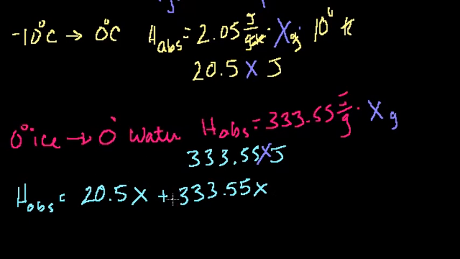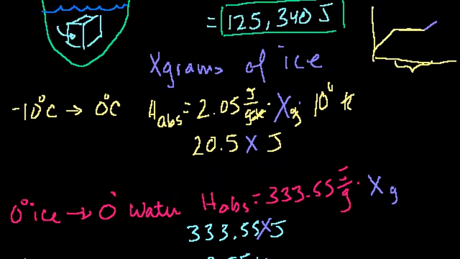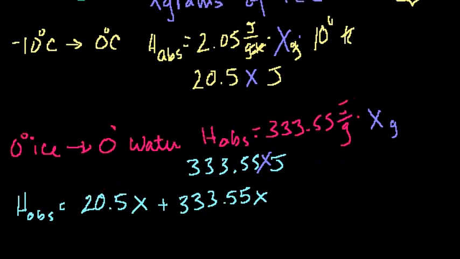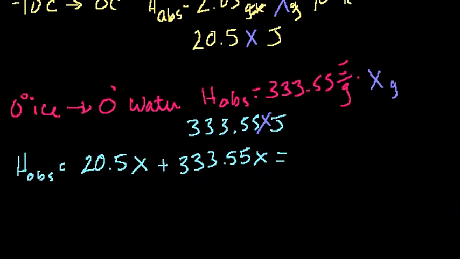Now, how much real energy does it have to absorb? Well, it has to absorb 125,340 joules of energy out of the water, because that's the amount of energy we have to extract from the water to bring it down to 0 degrees. So the amount of energy the ice absorbs has to be equal to 125,340 joules.